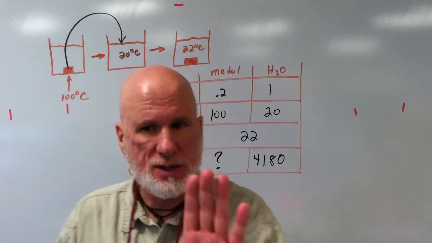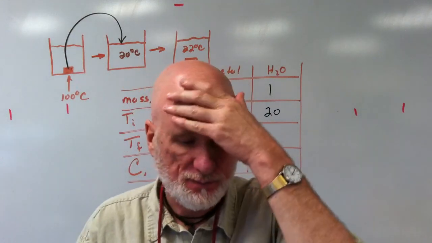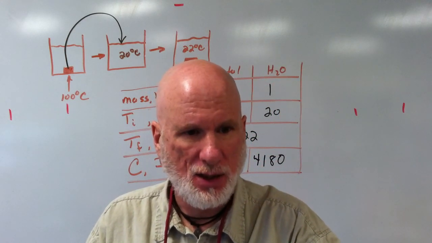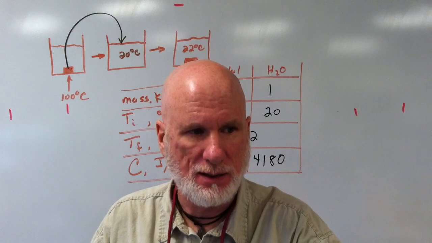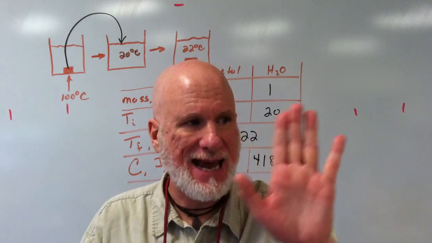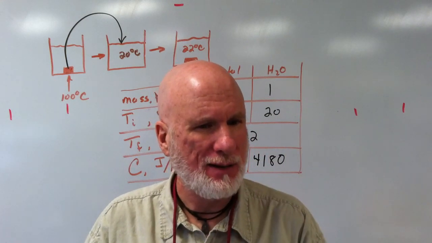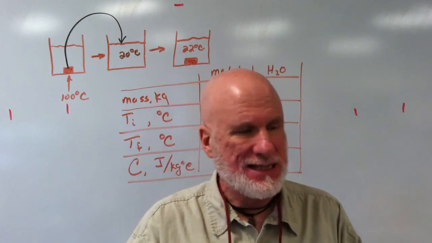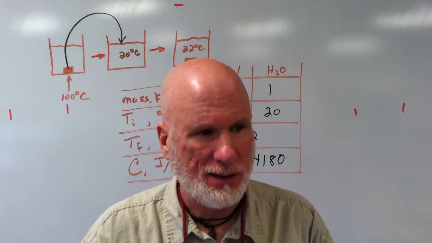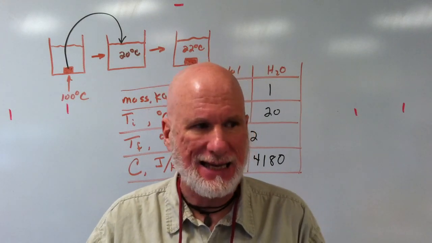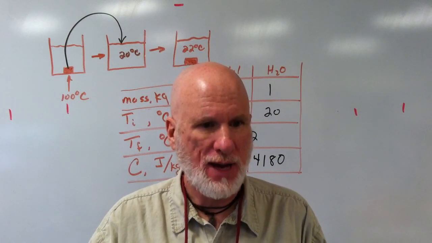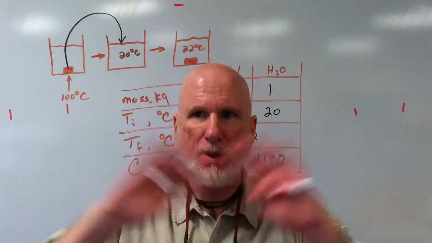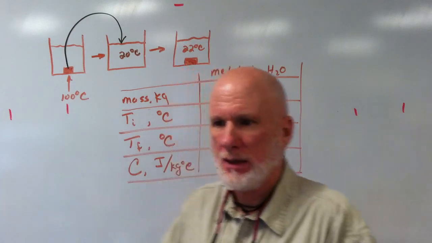Yeah. Now this is what we can say. The heat lost by the metal equals the heat gained by the water. Is that okay? Can we say that? Yes. The heat lost by the metal is going to equal the heat gained by the water. Is that okay? So this is what we can say, and this is big, big, big.